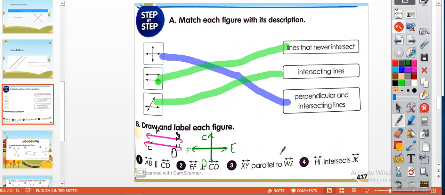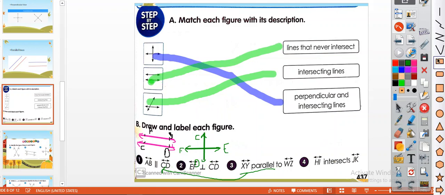Those two lines are also parallel. You will do the same thing that you did in question 1. And finally, for the intersecting lines, just draw two lines that intersect, just like this. An X is enough.